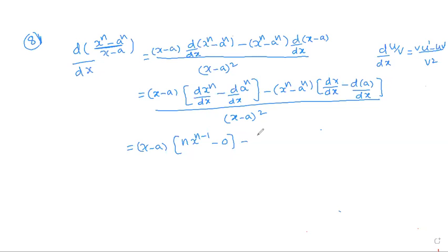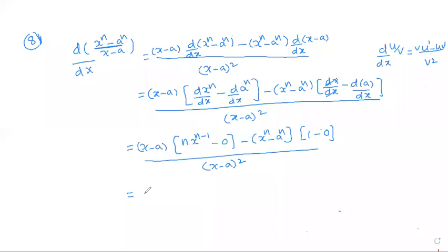Right, minus (x power n minus a power n). Here dx cancels, and what is the derivative of 1? a is a constant; a is on top, and we differentiate with respect to x. There is no x in a, therefore a is a constant and its derivative is 0. By the denominator (x minus a) whole squared. Okay?